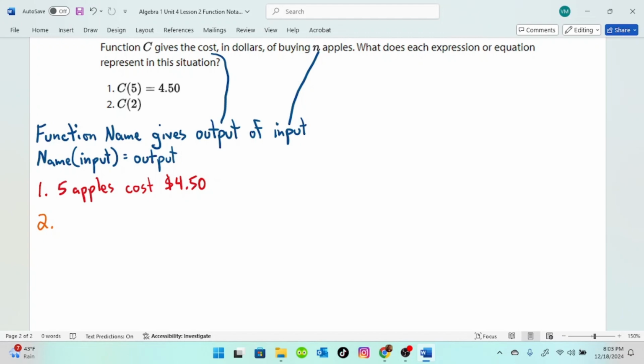So here we would say that this expression represents the cost of buying 2 apples. And we just leave it at that because they didn't actually give us a dollar amount.